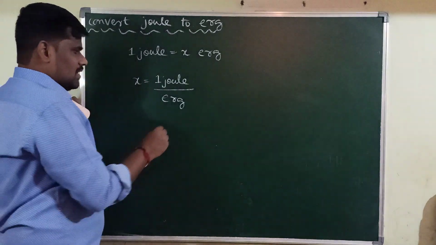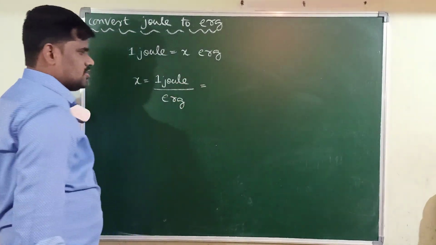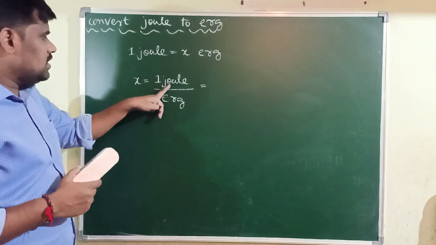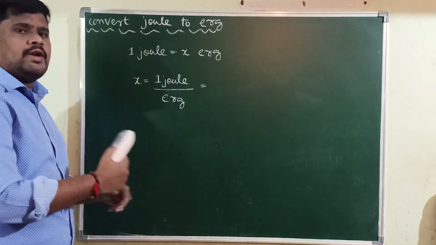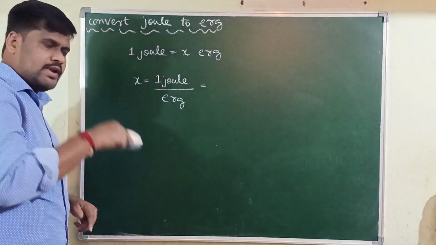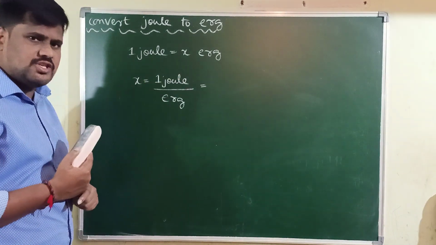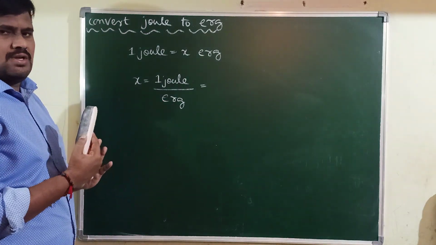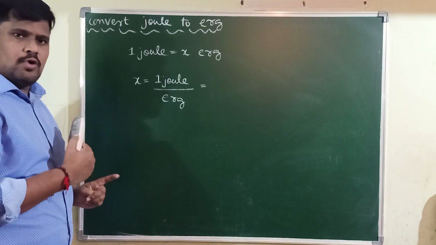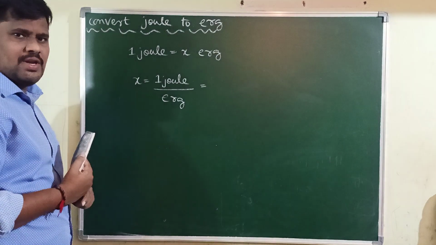Will you recall the next step here? Joule is a unit of energy. Erg is also a unit of energy. The difference is joule is in SI system and erg is in CGS system. Will you recall what we did in the last example?